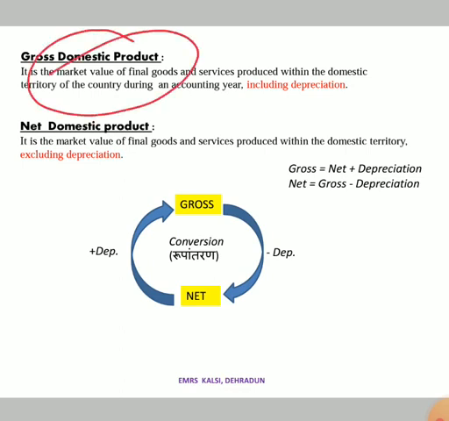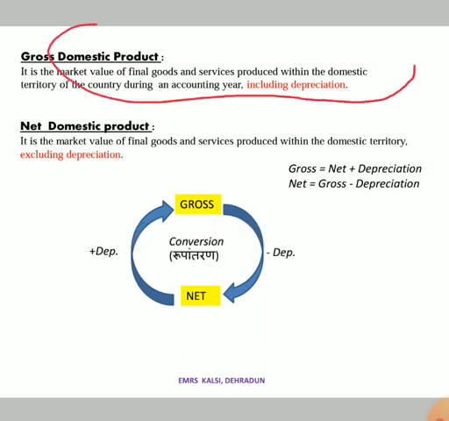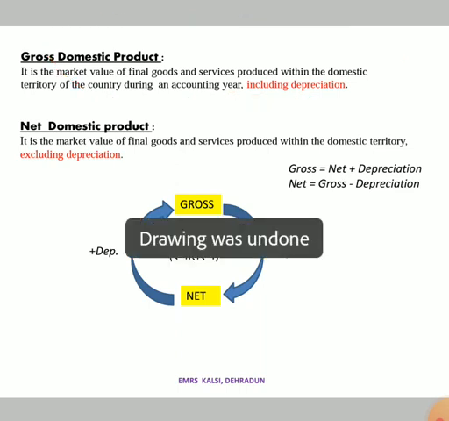Market value of final goods means the price of a good at which the good is being sold in the market, so that market price is called market value. So the market value of all final goods and services produced, okay, these goods must be produced within the domestic territory of a country and including depreciation.